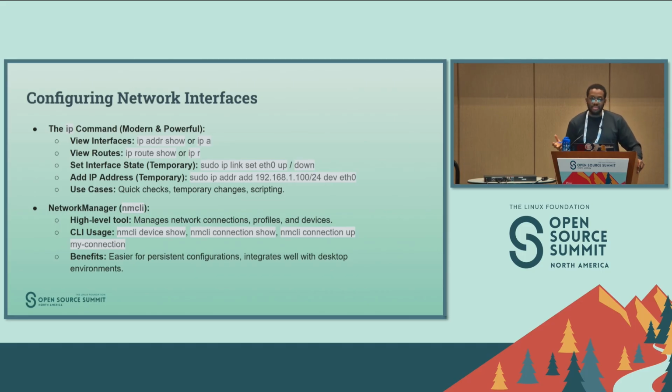But the issue with the ip command is that when you make changes to the interface, they don't persist across a reboot, because when you reboot the device, or if the device fails, all the network configs are lost. So the more standard way is to use NetworkManager, nmcli, which saves the configs to a file location. So when there's a reboot, it just reads the configs from that file back to the interfaces.